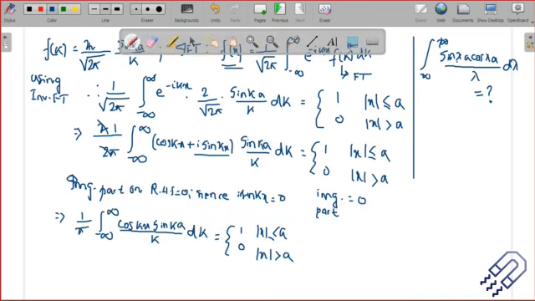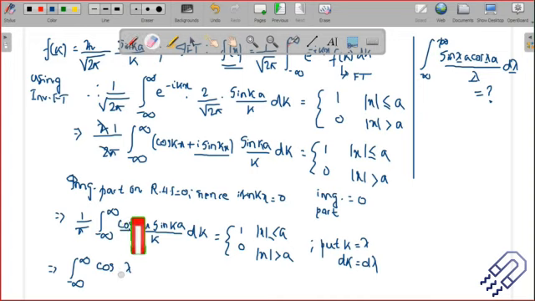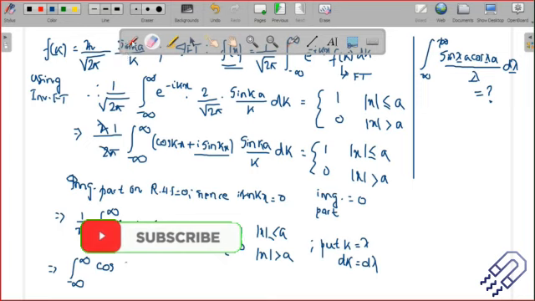The variable here is now lambda, so it becomes d lambda. That means what we can do now is put k equal to lambda. If the variable changes, you have to change the d term also. So dk would be equal to d lambda. If we do that, we can simply write it as the integral from minus infinity to plus infinity of cos of lambda x.